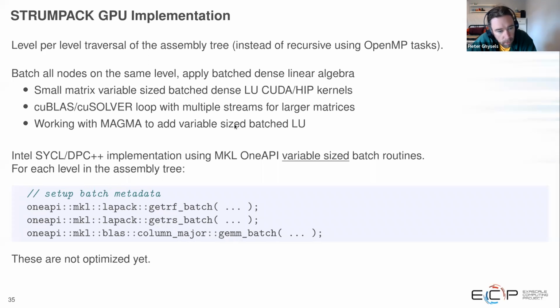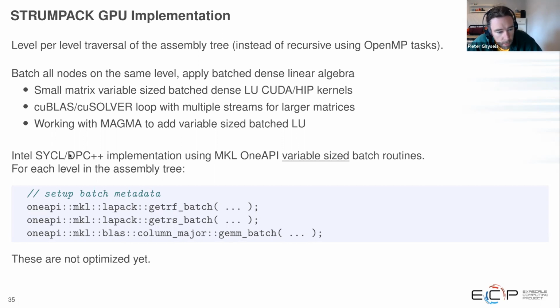Since that's not available yet, what we do right now is we have our manual batched implementation for very small matrices up to 32 by 32, and anything larger than that we handle directly with cuBLAS or cuSOLVER in a loop with multiple streams. But this can still generate quite some overhead because this binary tree can get very wide at the base.